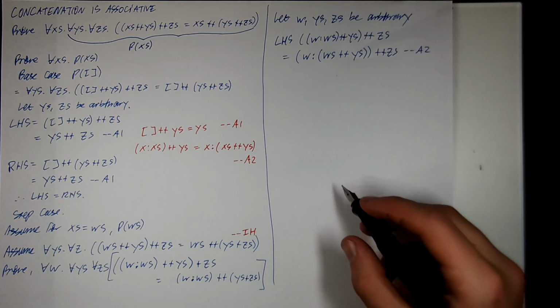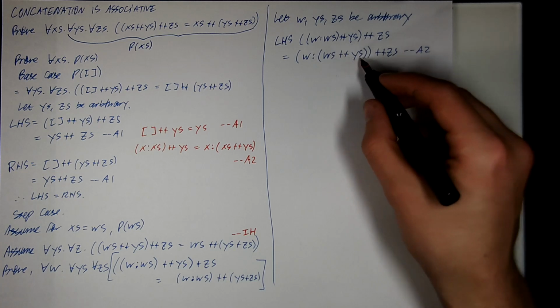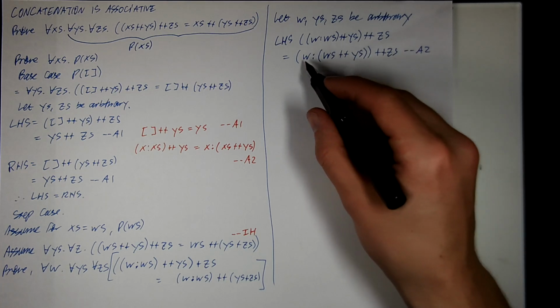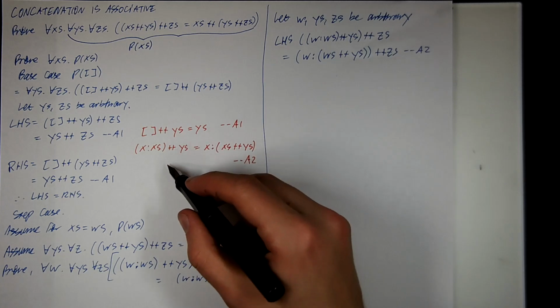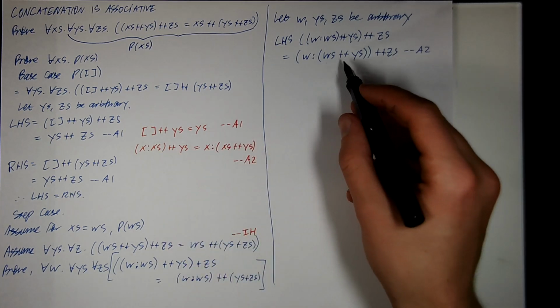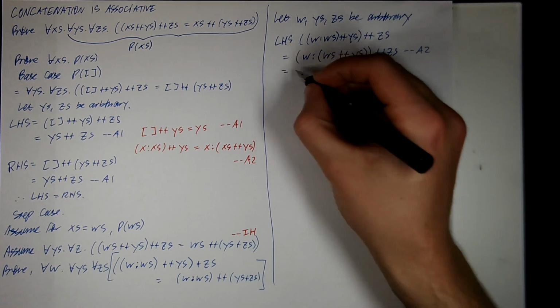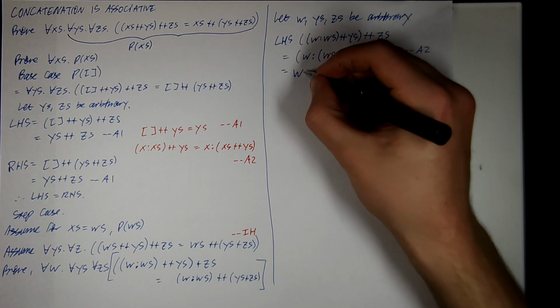And now we can note ws concat ys, this thing here, is just one list, right? So once again, this is in the form for A2 to apply, because this is true for any list xs. Whatever ws concat ys is, this whole thing is a big list, right? So I can do the same thing again. I can take the w at the front.